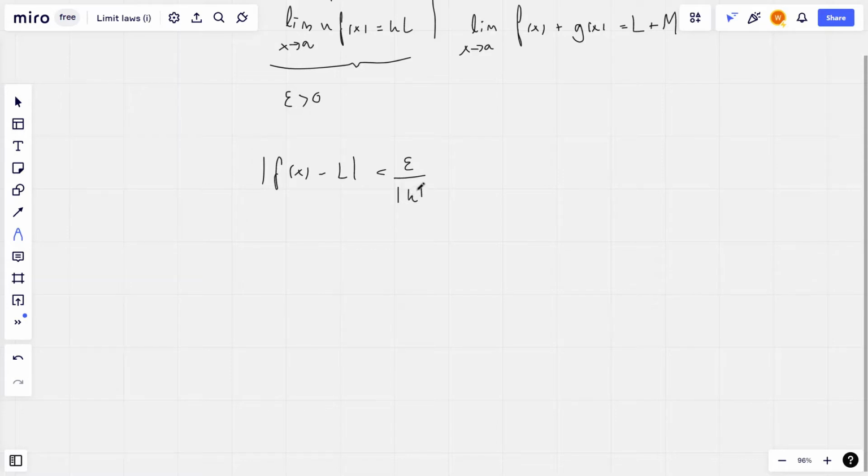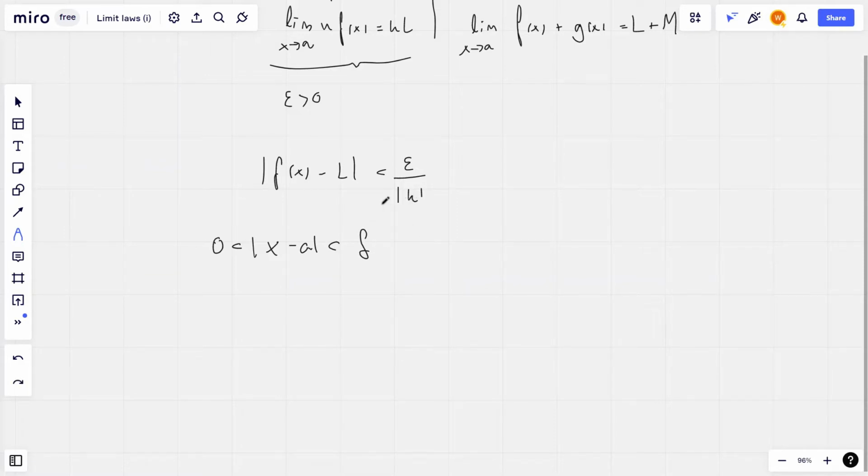Otherwise, if we had a negative k, then this is no longer greater than 0, and we want epsilon greater than 0. So suppose we have this, then we want to show that if we have the absolute value of x minus a being less than delta, this goes to this.